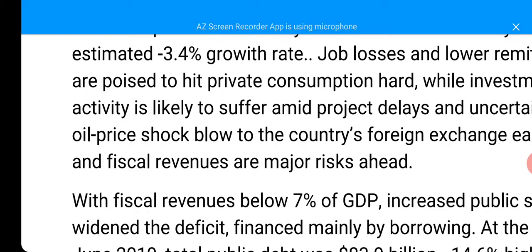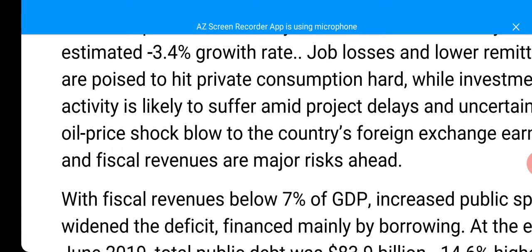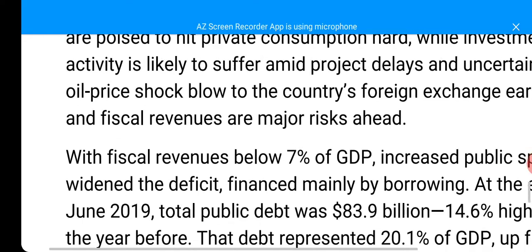So we are going to be facing a fall in foreign exchange earnings and fiscal revenues, as our fiscal revenue is just 7% of GDP, which means total revenue accruing to the government from taxes, dues, fines, and royalties is just 7% of the gross domestic product.